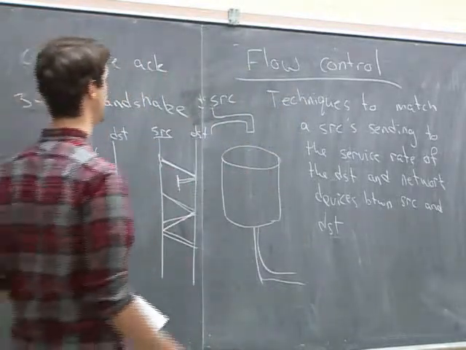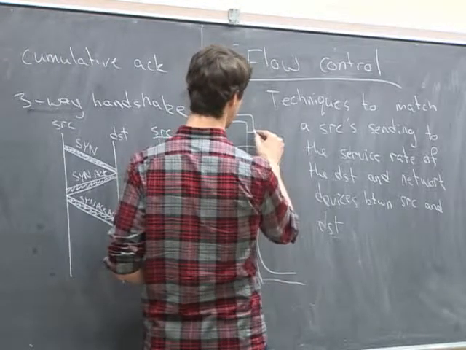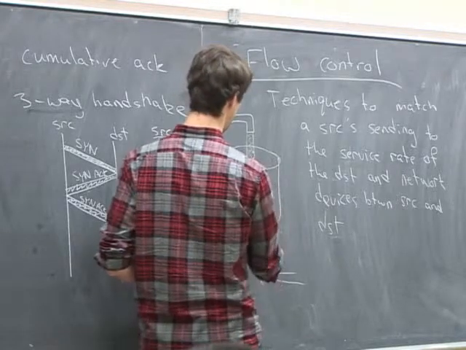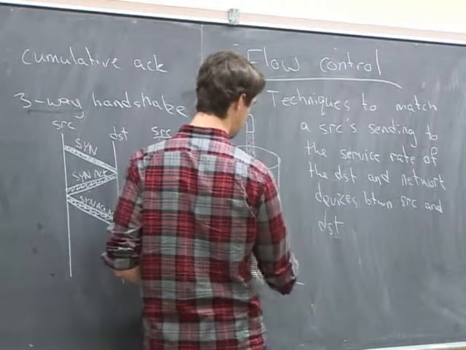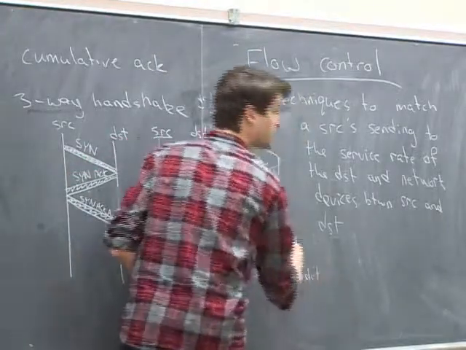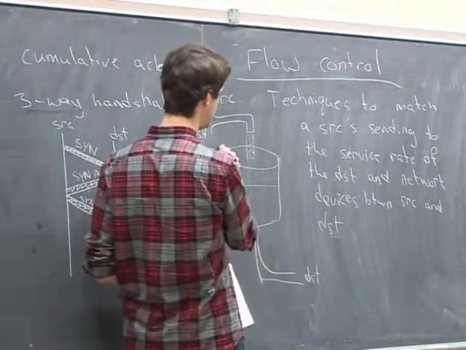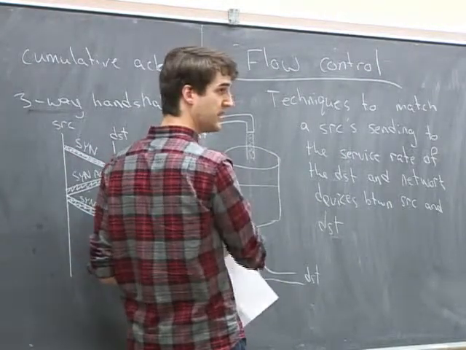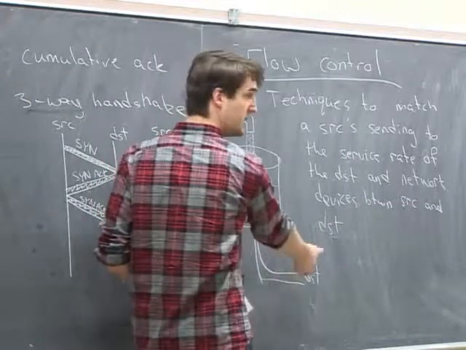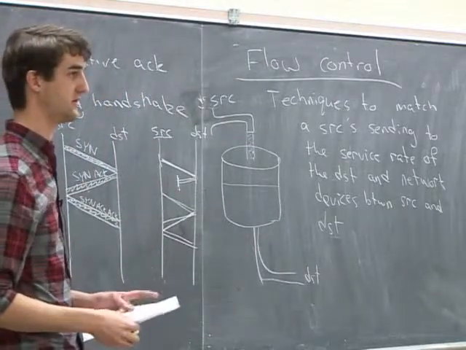So what flow control does is it matches the rate at which we're putting water into this bucket to the rate that the destination can drain the bucket. The goal here is we never want to overflow the bucket, and we also don't want the bucket to run out, because we always want some water running through there. Okay?